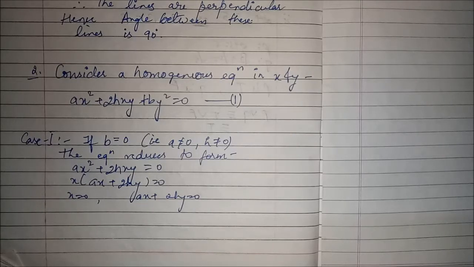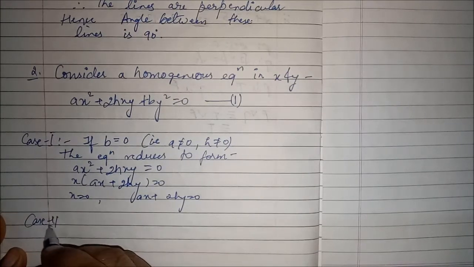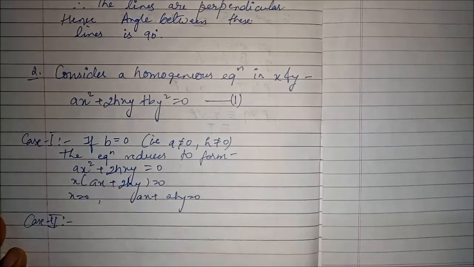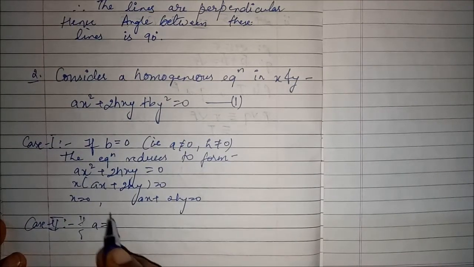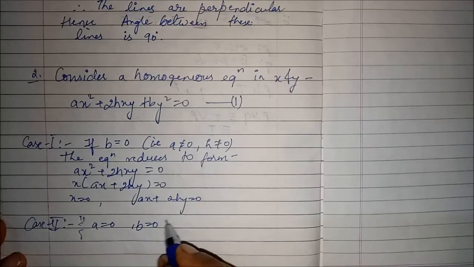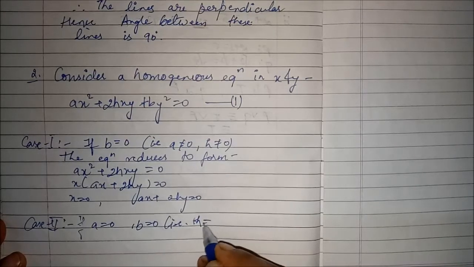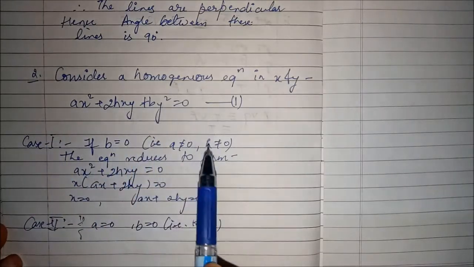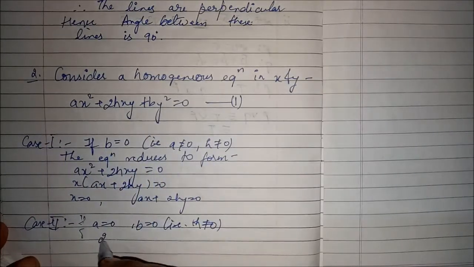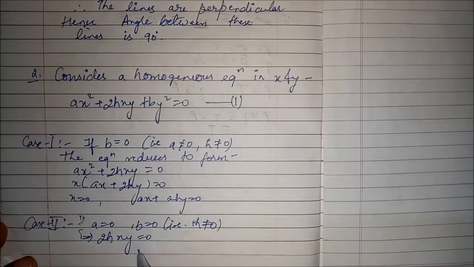Now coming to the second case, case 2. If a equals to 0 and b equals to 0, that is h is not equal to 0, then this equation reduces to 2hxy equals to 0. So this implies that xy equals to 0.